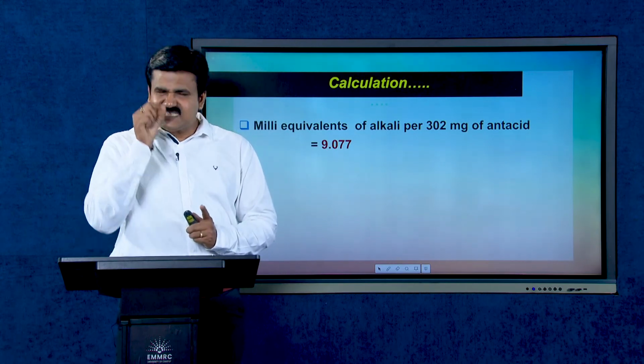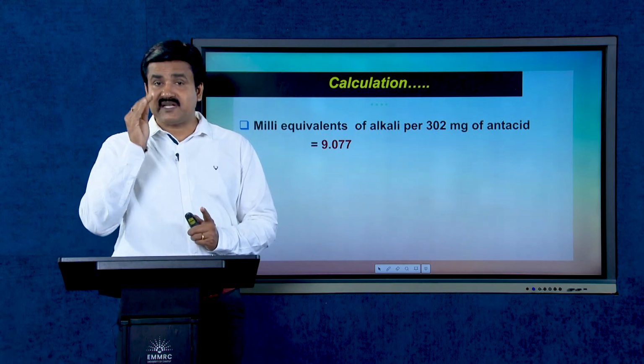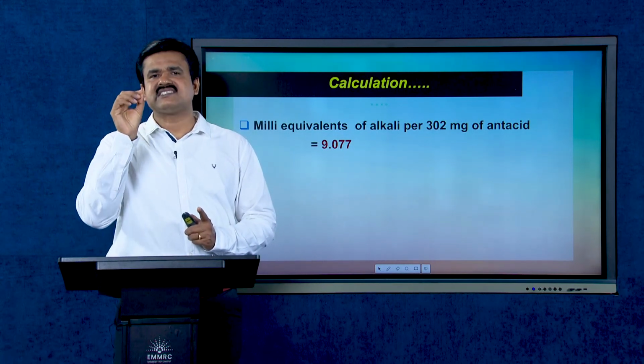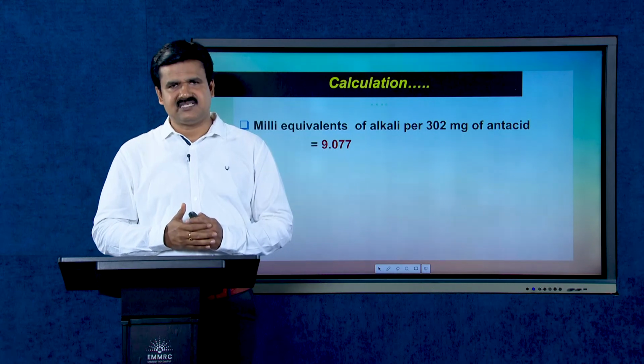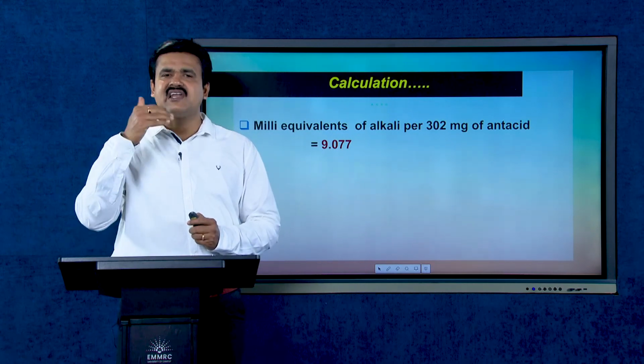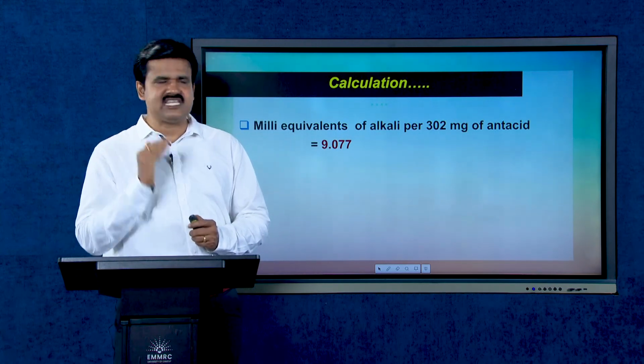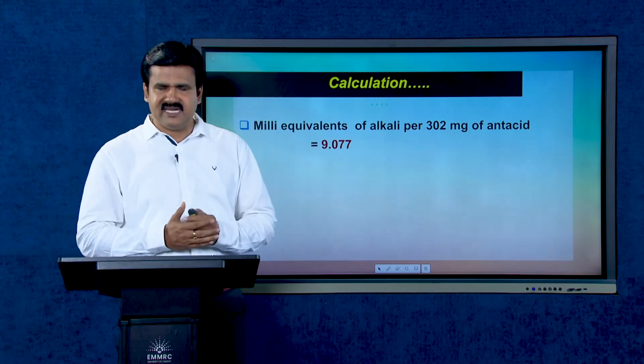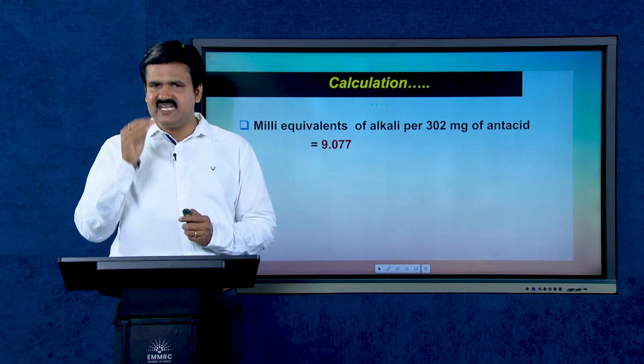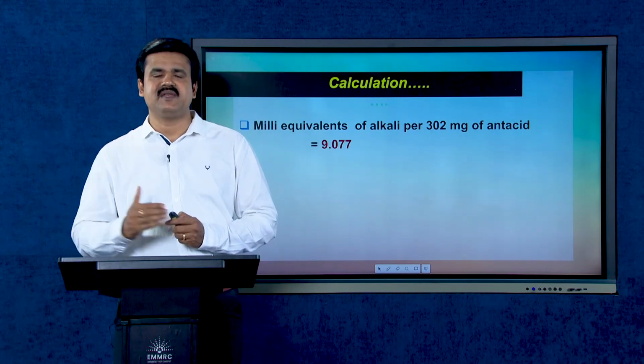Now, this milli equivalent, 9.077, is present in 302 milligram of antacid, because we already weighed a quantity of antacid and that is equal to 302 milligram. This weight is the weight we obtained during the experimental part.